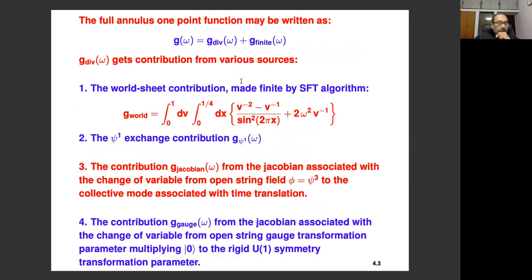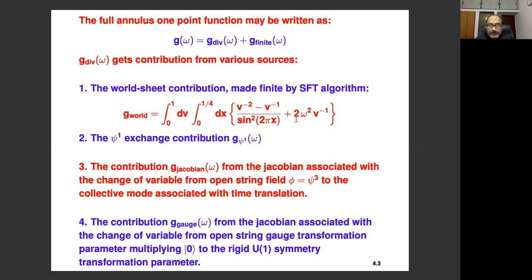Okay. So we'll write the full annulus one-point function as g divergence, that's the divergent part of g, and the finite piece. But in this case, the divergent part of g will get contribution from several sources, and this is what I have listed here. The first source is the most straightforward one, which I'll call the worldsheet contribution.